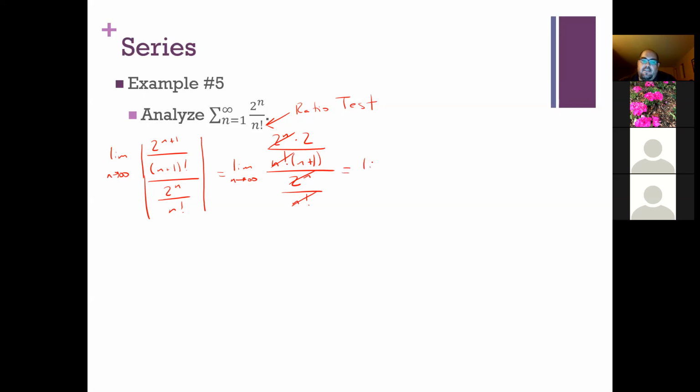So now what we're really looking at is this limit. The limit as n approaches infinity of 2 over n plus 1. What does this limit equal? 0. That's equal to 0. So what does that mean about my series here?